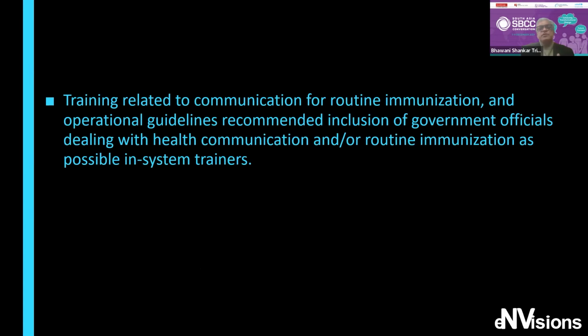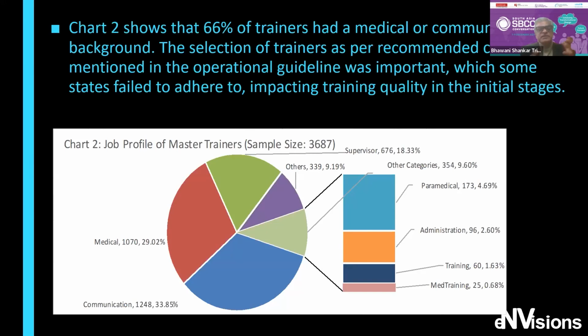So training communication related to routine immunization operation, remember, it actually recommended we include government officials dealing with health communication and routine immunization possibly. That was very specifically mentioned within our operational guideline. What we actually found is that about 66%, you can see the pie chart, majority.